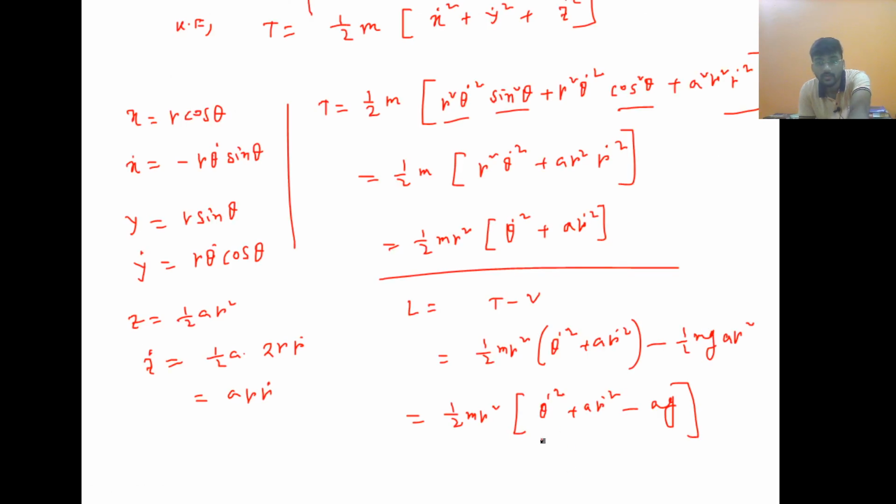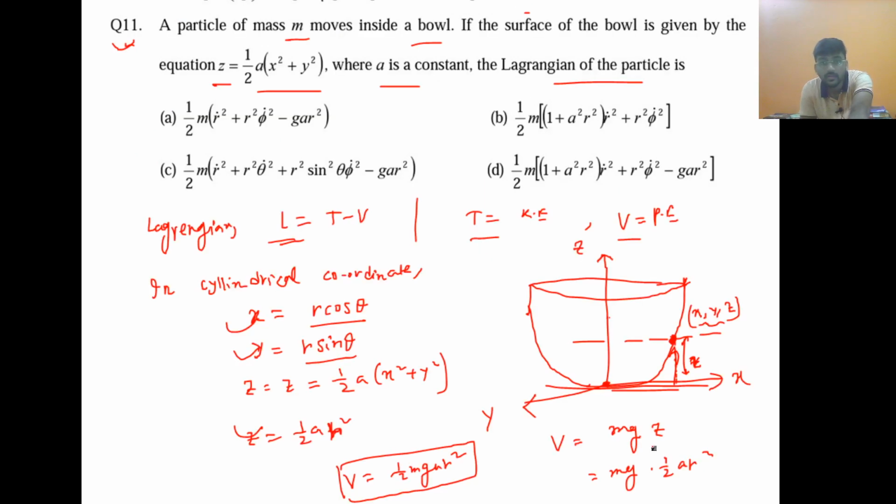So if we take common half m only, then it will be r square theta dot square plus a square r square r dot square minus a r square g. Here there is also a r square g, and 1 plus a square r square into r dot square.